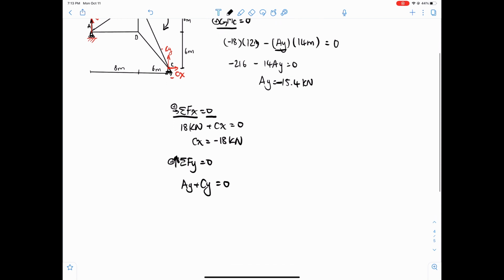And then all we have to do is define negative AY equals CY. And since AY equals negative 15, CY just equals 15.4 kilonewtons. So it's as simple as that.